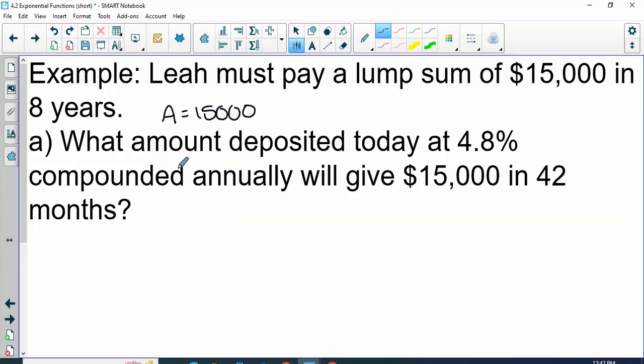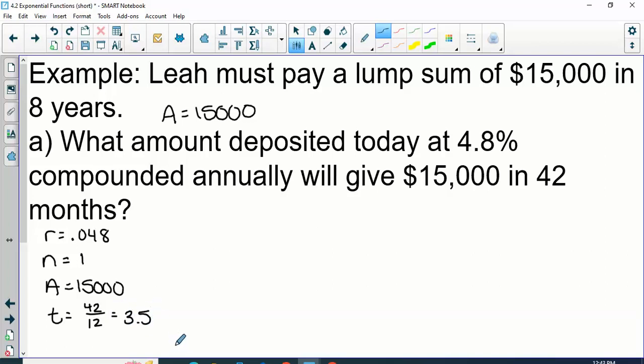Okay, so part A. What amount deposited today at 4.8%, so my rate is 0.048, compounded annually, so my n is 1, will give us the 15,000, so that's my final amount, in 42 months. So what would my time be? How do I get it? Like 3.5, right? You have to take your 42 divided by 12, 12 months in a year.